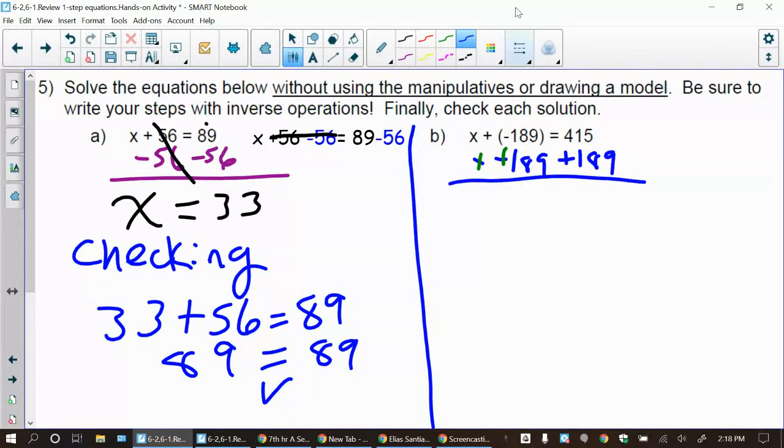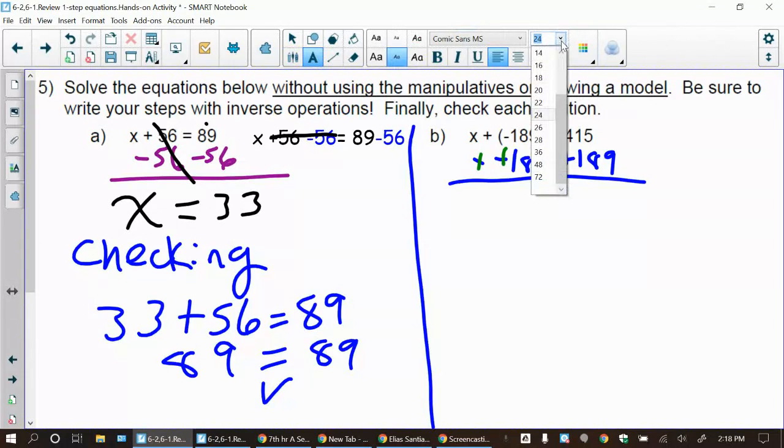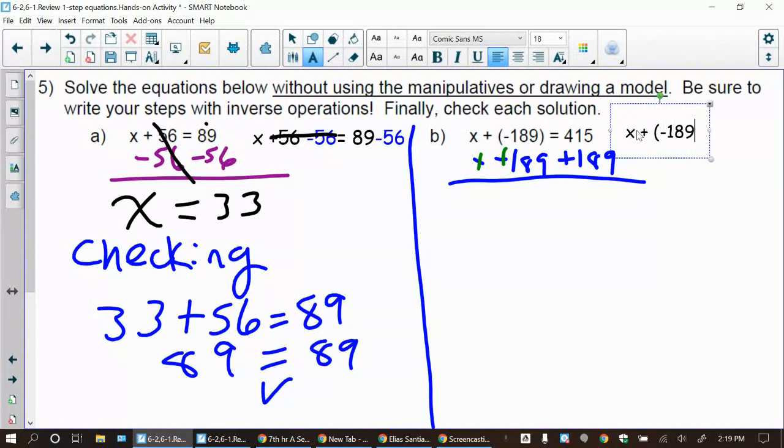Okay, and then for those that like it the vertical way, you can take your x plus your negative 189 plus your positive 189 equals 415 plus 189.